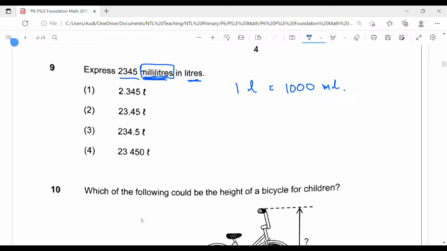Milliliters in liters. So we're going to rewrite this way. Okay, I'll show you 2 methods. This is the first method. So 1 milliliter will be 1 over 1000 liters.